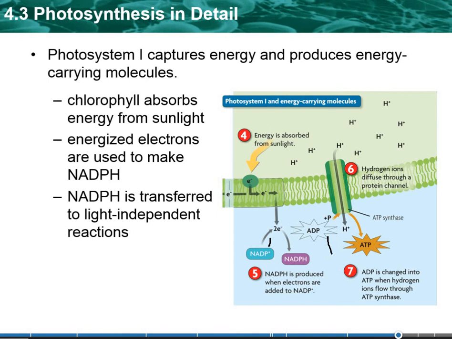And that NADPH, again, is going to go to the next reaction. So NADPH, ATP, and oxygen are all products of the first stage of photosynthesis, the light dependent stage. And it's going to pass all of those things, except for the oxygen, on to the next stage.